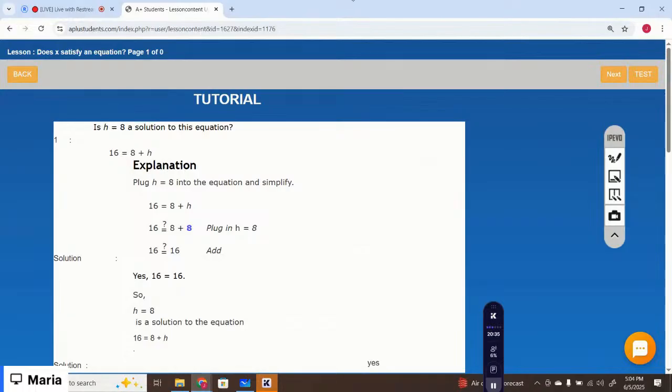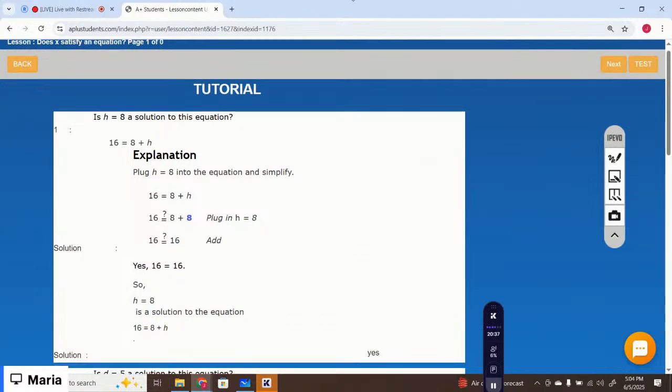So h equals 8, so 16 equals 8 plus 8. 8 plus 8 makes 16, so both sides are exactly equal. That means yes, 8 is the solution of the equation. So the correct option is yes, it is.